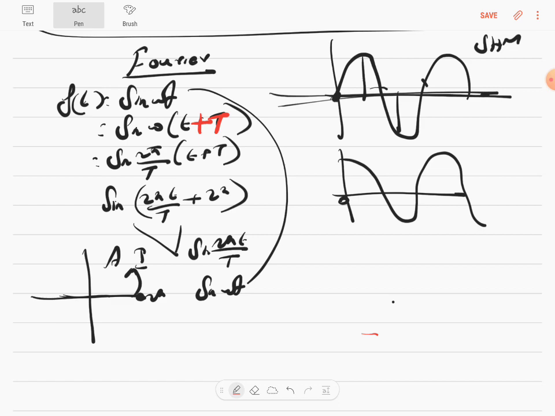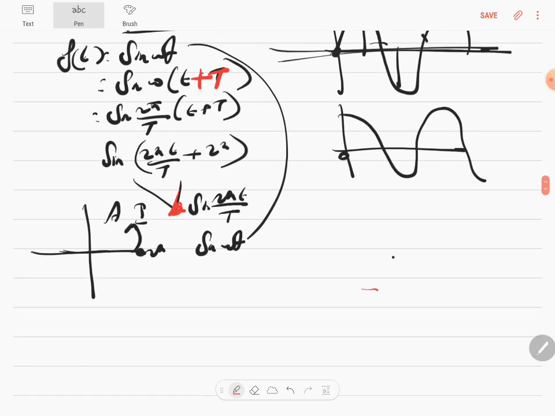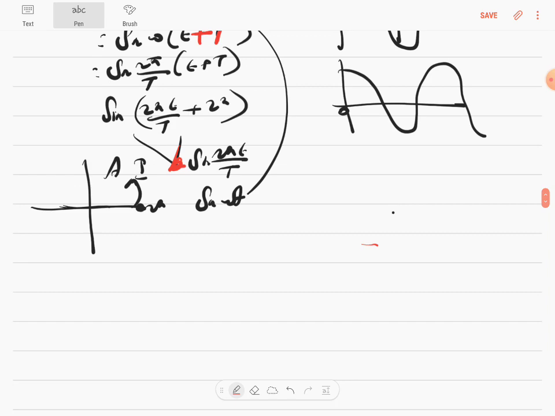These sine functions can also have a coefficient a or b. It can be any number multiplied to it, so that's fine. Then you can term it a simple harmonic function. But it can't be 1 plus sine omega t. That 1 will not make it simple harmonic. It will only be periodic in nature, but not simple harmonic. Any simple harmonic function should be of the form a sine omega t or b cos omega t, or 2 omega t or 3 omega t, anything is okay.